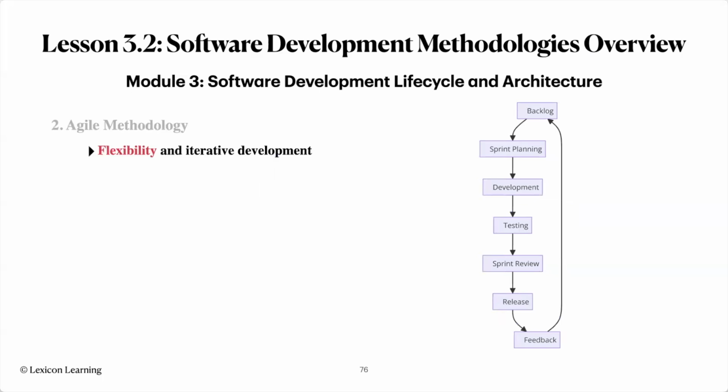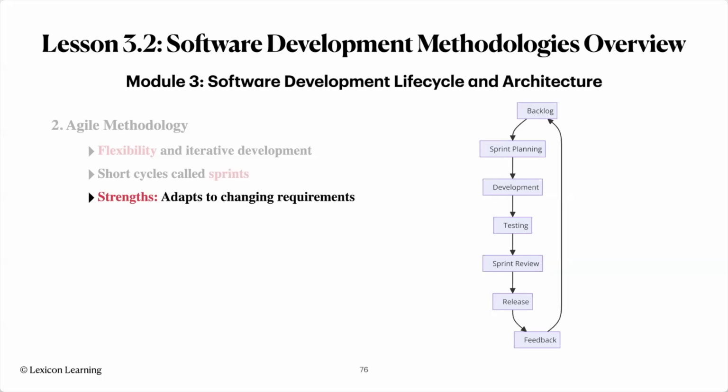And the Agile methodology emphasizes flexibility and iterative development. Work is divided into short cycles called sprints with continuous delivery of small functional increments. The strength of this methodology is adaptability.